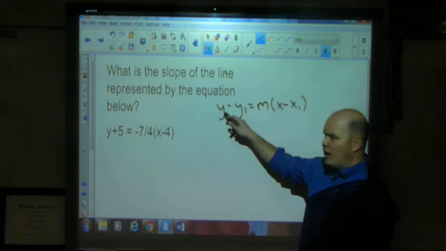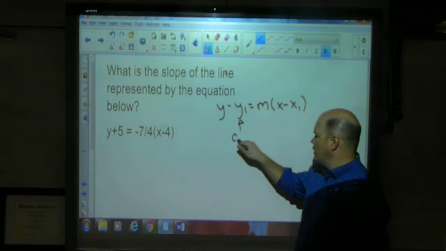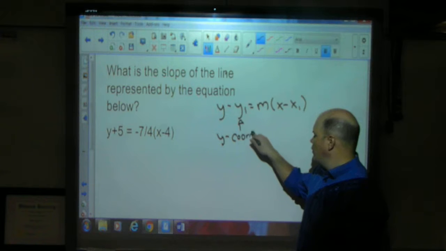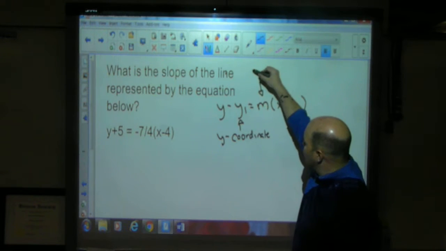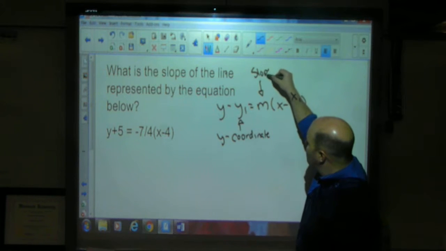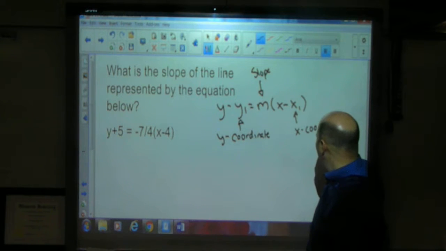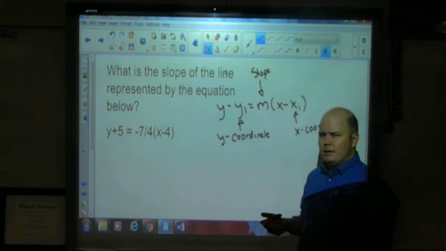Okay? And what we're doing here is we're looking at what each piece is. This is just, y is just a y value. This is a coordinate, your y coordinate. This is the slope of your line, and this is your x coordinate. So now that I have my equation labeled, I can think about which pieces go where.